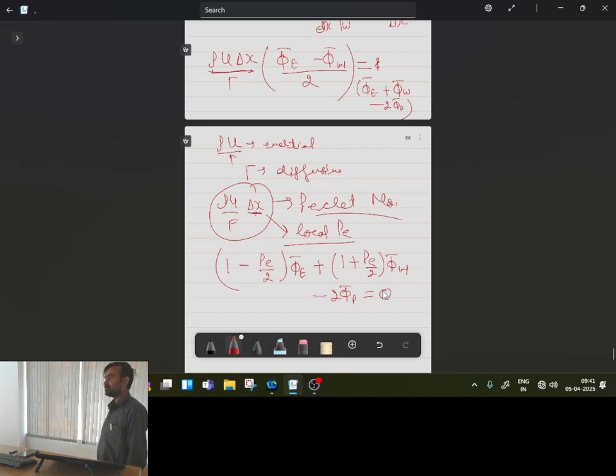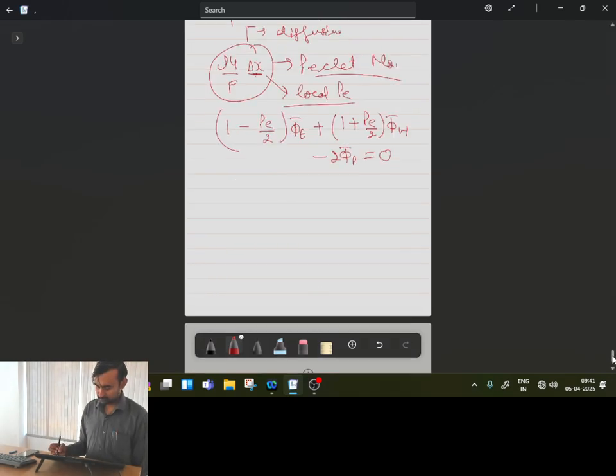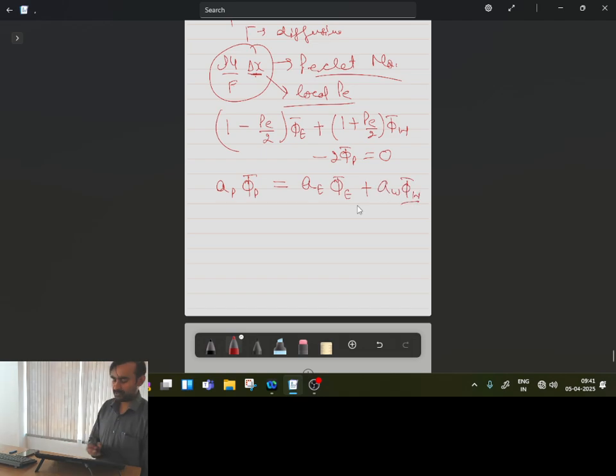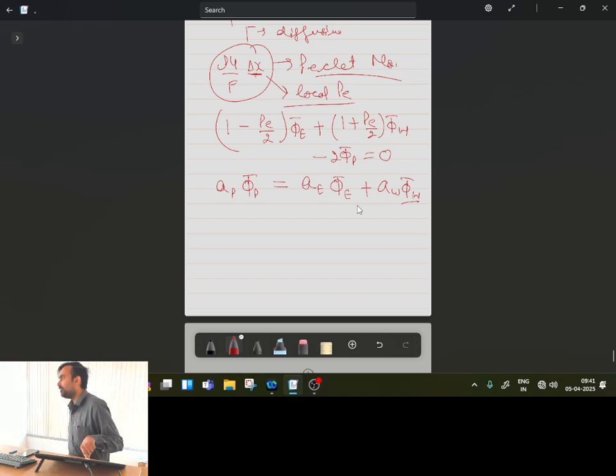Are all clear with this point? Is it correct now? Now if you try to make the analogy to AP phi bar p equal to AE phi bar E plus AW phi bar W. What is the analogy? The analogy is that some coefficient with term P is becoming equal to the sum of the multiplication of coefficients into the values at the neighboring nodes.